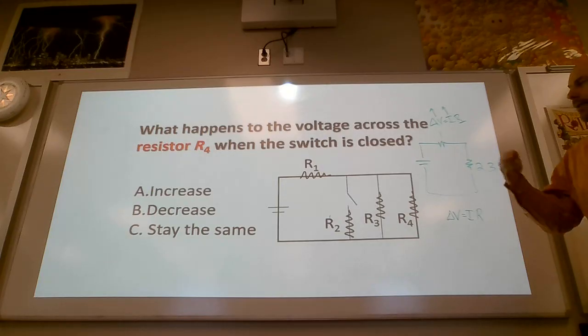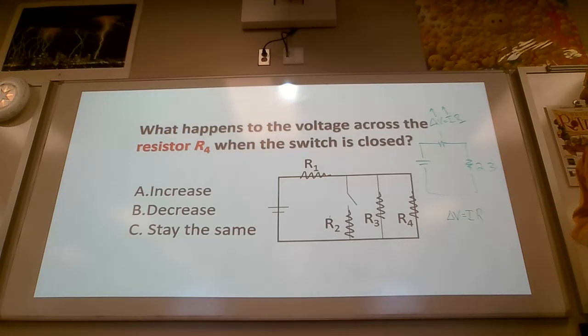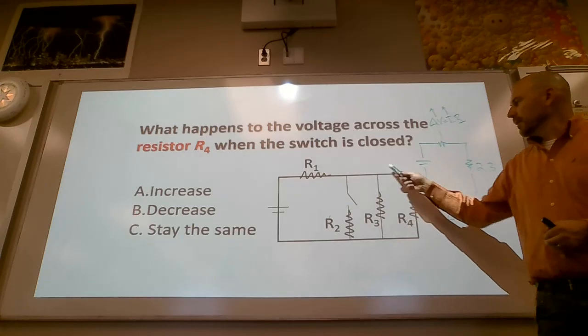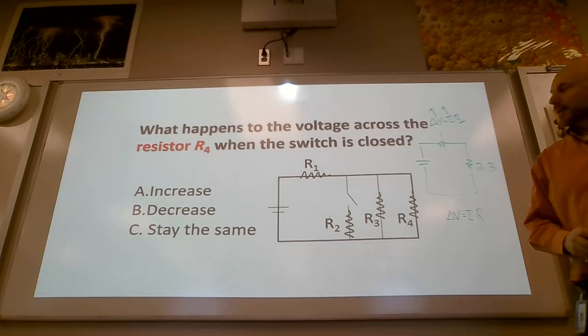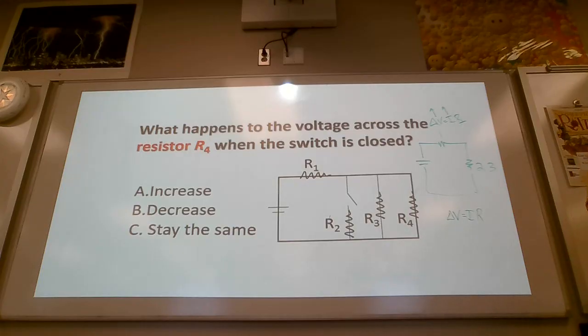Another one says, well, no, I think it decreases because there are now more things to be fed. And student D says, I agree it decreases, but I think it's because there's less voltage to be given to resistor 4.